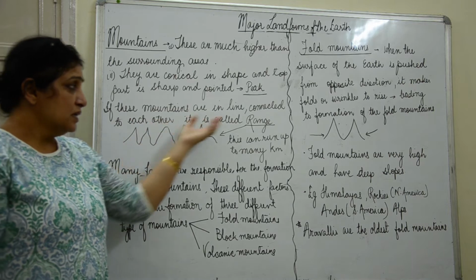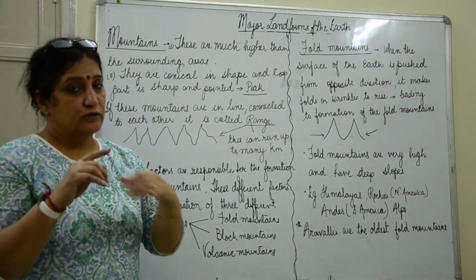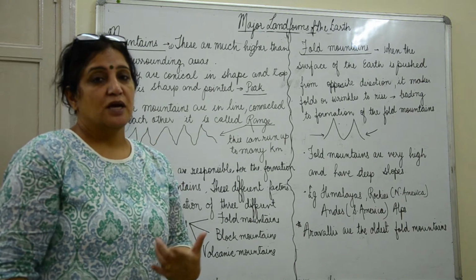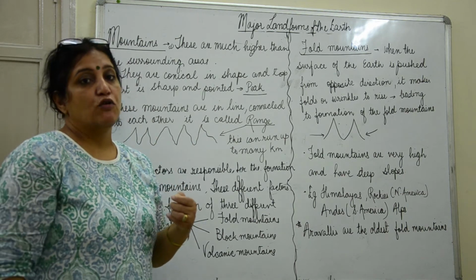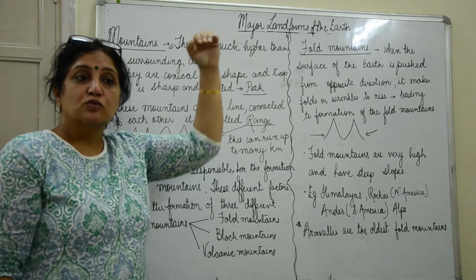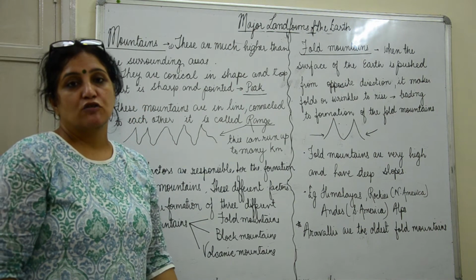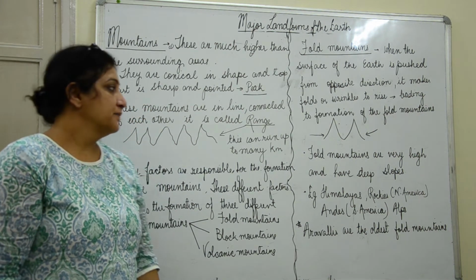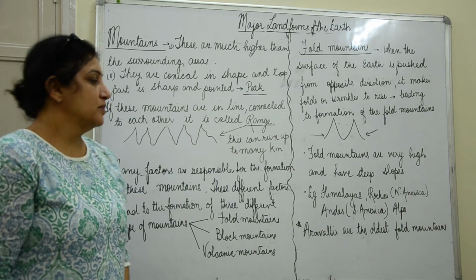Now this range can run to thousands of kilometers. If you remember, in the previous chapter we studied that the Andes is the longest range of mountains, and this mountain range runs through the complete length of the continent of South America. So they can run to many thousands of kilometers.